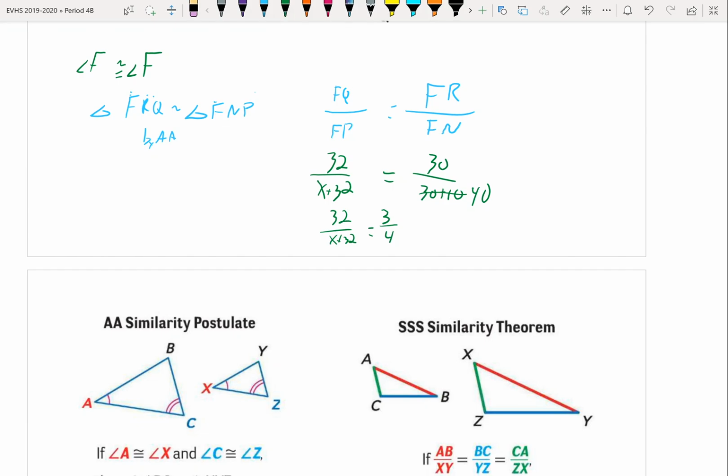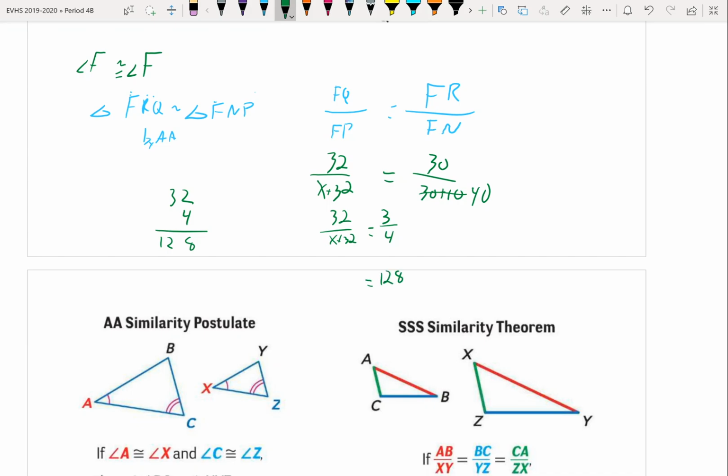Let's cross multiply. 32 times 4 is, I think that's 132. Oops, I don't have my calculator up, so forgive me for a second while I do some calculation here. I was wrong, it's 128.